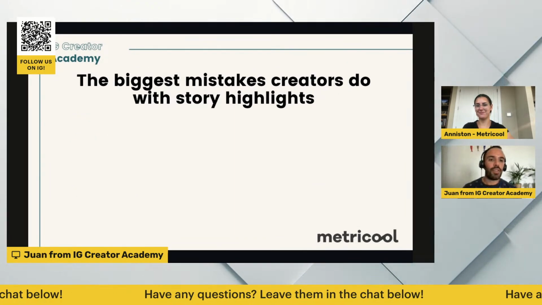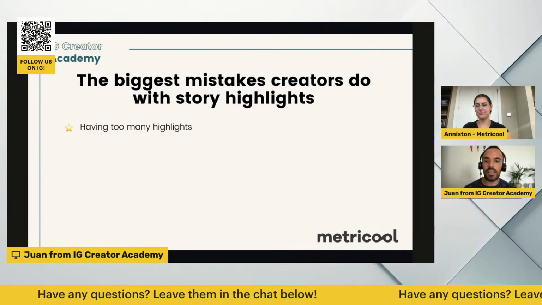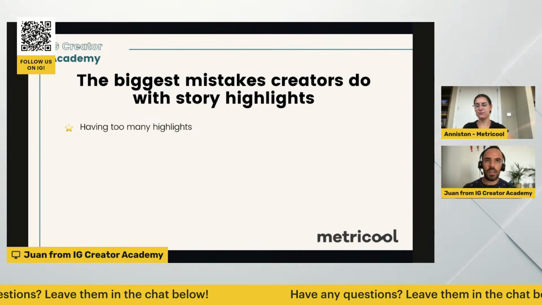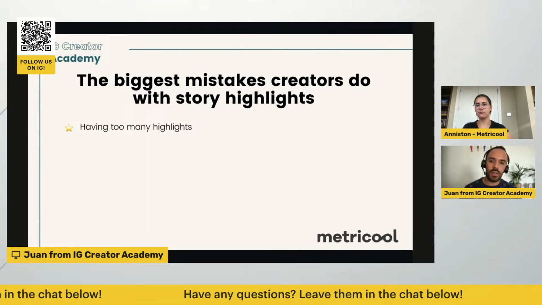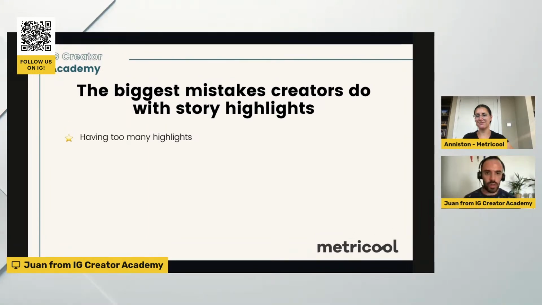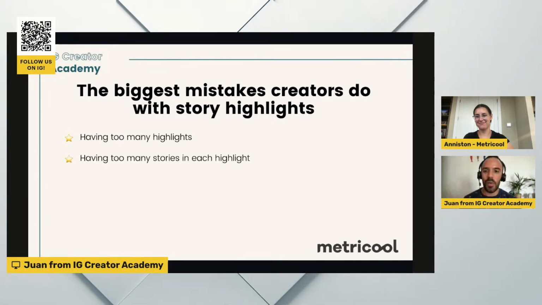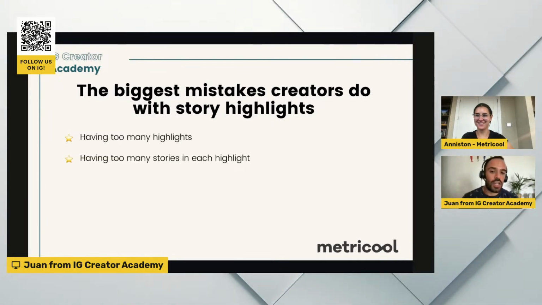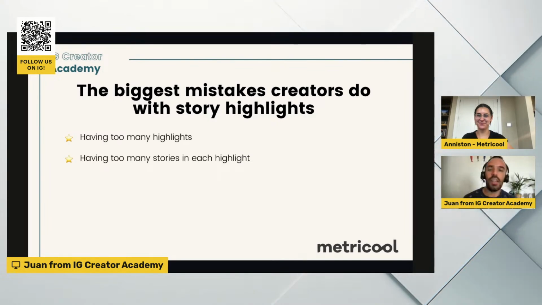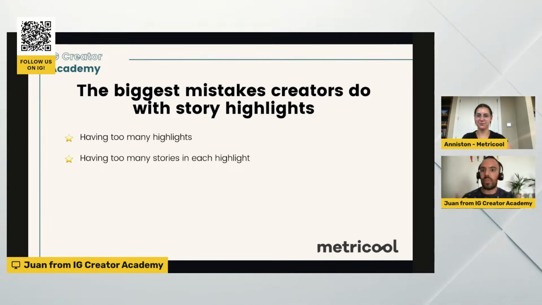The biggest mistakes I see creators and brands make with story highlights: having too many highlights. I would not suggest having more than 10 highlights because honestly, no one scrolls through 20, 30, 50 highlights. We're not in 2015 anymore. Having too many stories in each highlight: use highlights strategically. Don't add 50 stories for each highlight that people have to tap, tap, tap on.